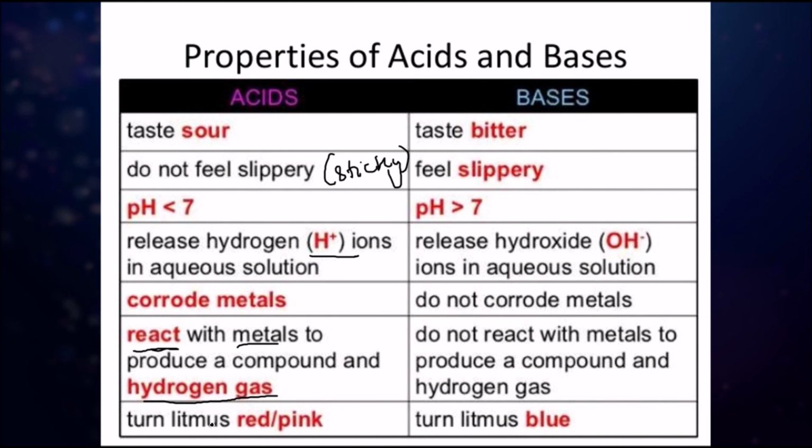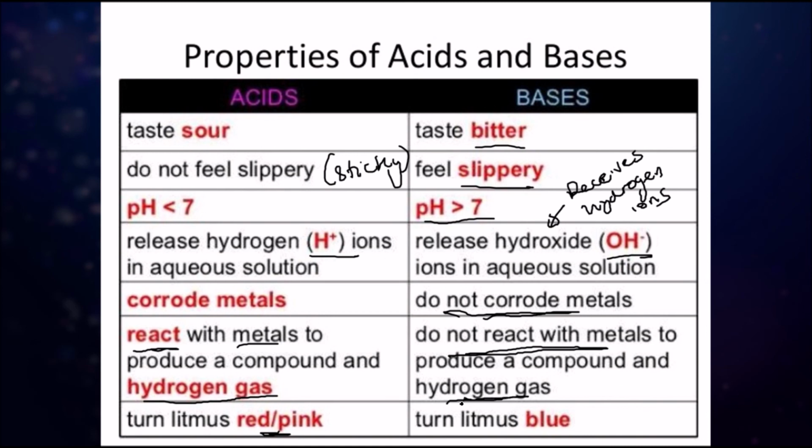And if it's exposed to litmus, it gives this color. But that's not as important here. Bases, they taste bitter, they are slippery, they have a pH greater than 7, they release hydroxide ions, or you could say it receives hydrogen ions. That's another way of saying it. They do not corrode metals, and they do not react with metals to produce hydrogen gas. That's sort of the difference between the two there.